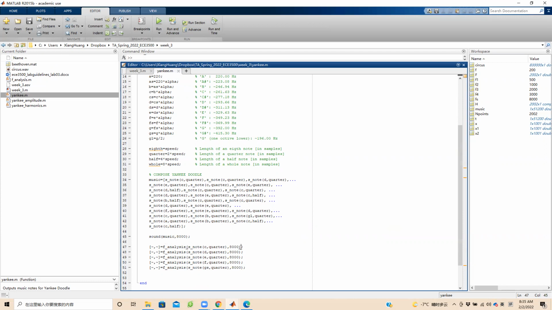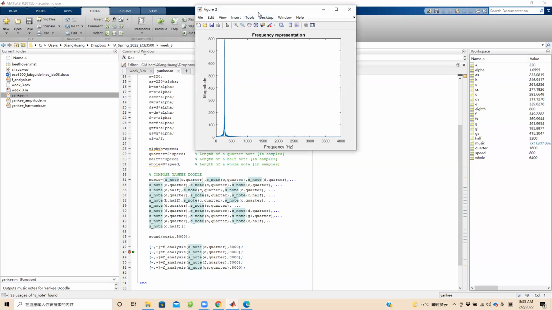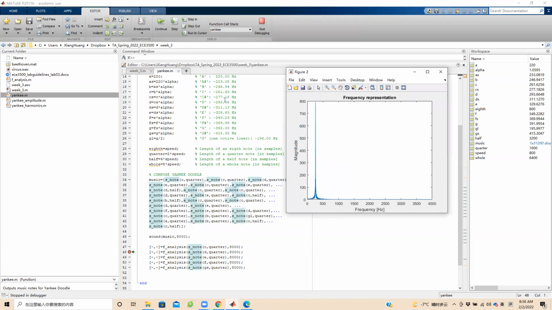If we use our frequency representation to look into the energy distribution of the first note, we can find, since C is 261.63 hertz, the energy should be concentrated on 261 hertz.